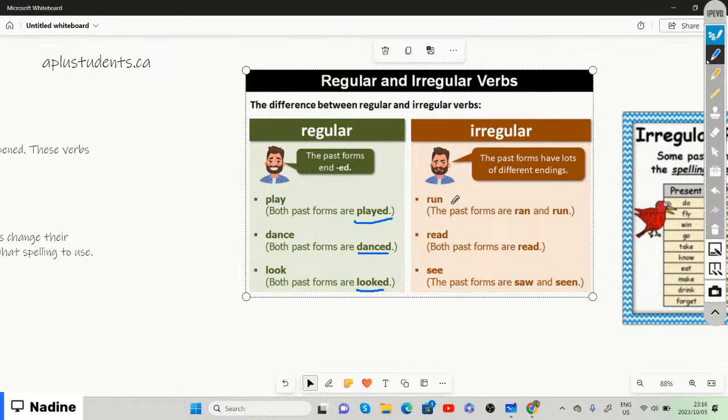Run is our verb in the present tense. And the past tense of run is ran. So ran is the irregular past tense of run.